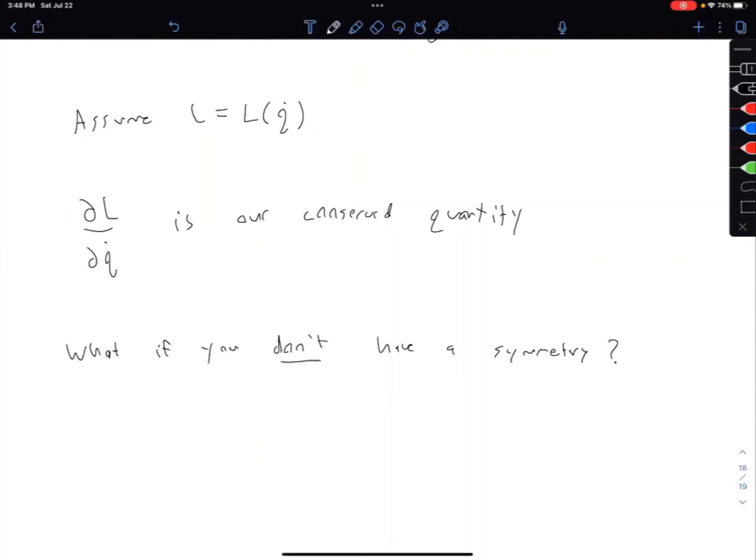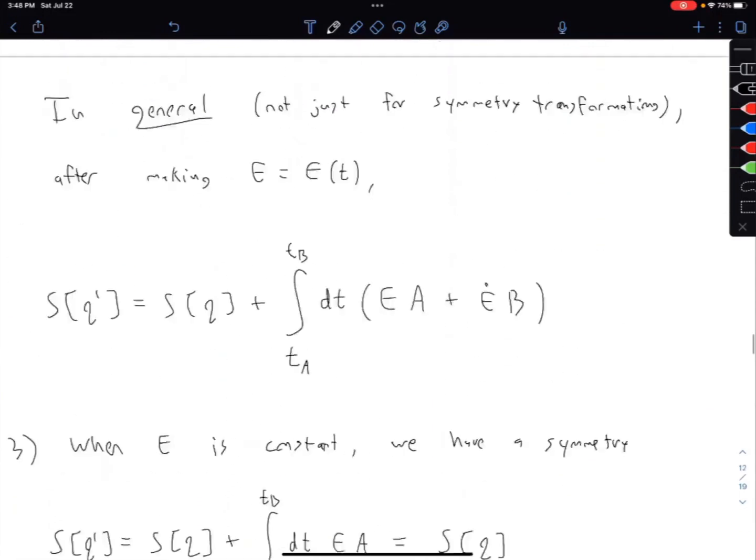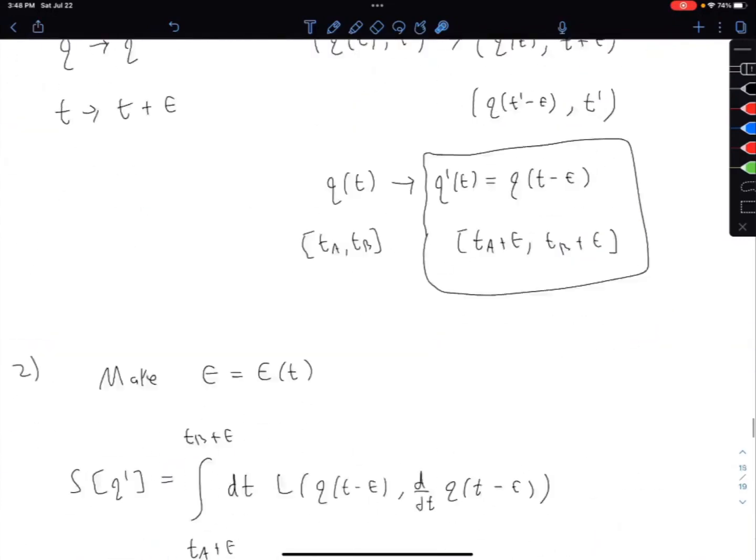Okay. Remember what we said earlier: in general, when you expand, you're always going to obtain something like this. So it's only a symmetry when this A term is 0. If it's not a symmetry, then A won't be 0, and that's really the only difference.